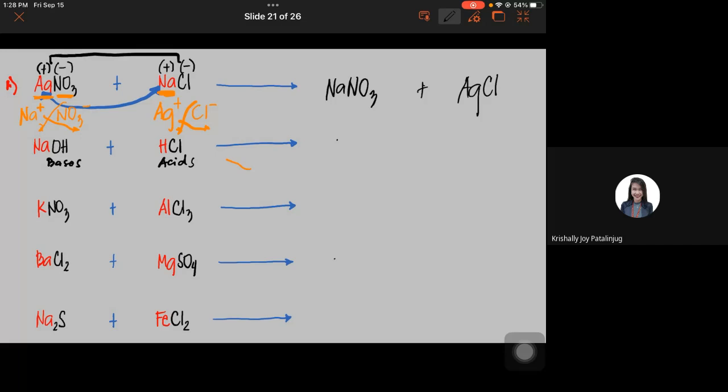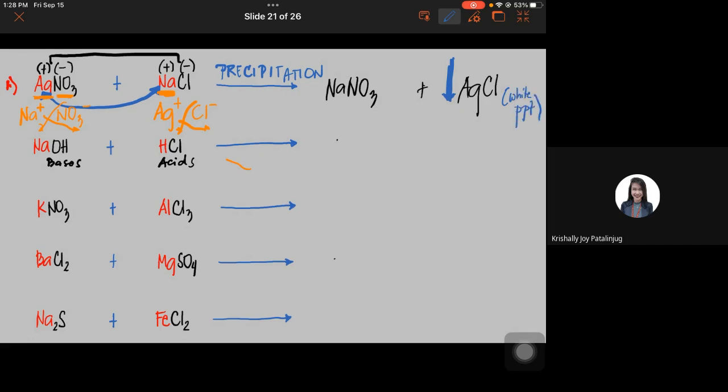Okay, so that's it. Now, the first type of chemical reaction, yes, generally it is a double displacement, but if a specific type of reaction is asked, this is an example of a precipitation reaction. Why? If you perform this chemical reaction in the laboratory, let's say you have silver nitrate solution, you react that with sodium chloride solution, it will produce a white precipitate.